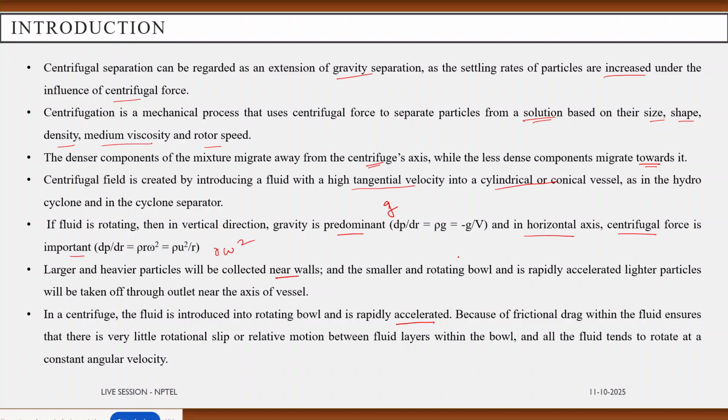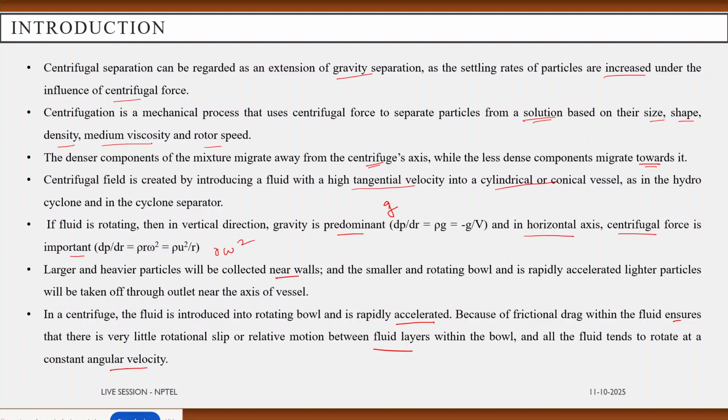The RPM of the centrifuge vessel is generally very high, because the frictional drag within the fluid ensures that there is very little rotational slip or frictional loss between the moving fluid layers within the bowl, and all the fluid will tend to rotate at a constant angular velocity. So these are some basic facts about centrifuge operation.